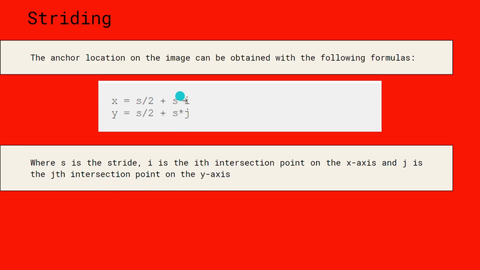So by using the coordinates of the intersection point on the image, we multiply by the stride used on that scale, and we add it to the stride divided by 2 in order to find the x and y coordinates for the predicted bounding box.